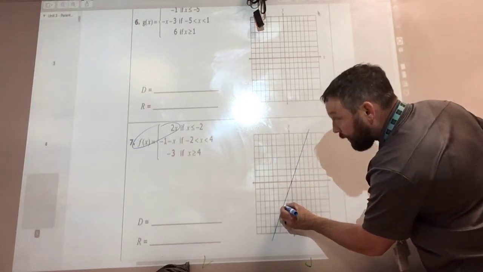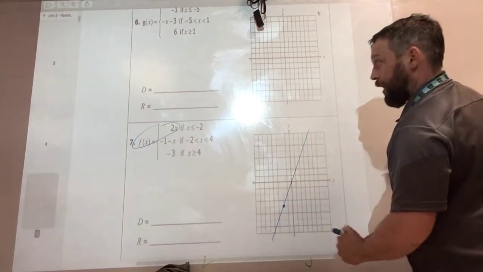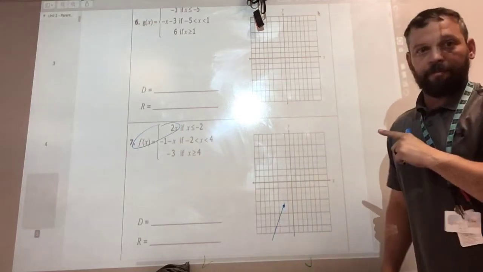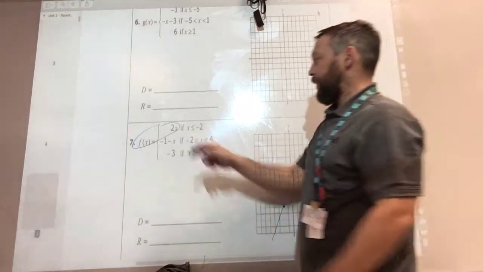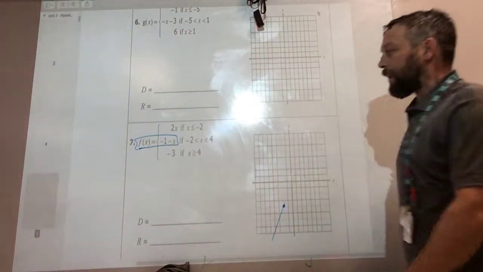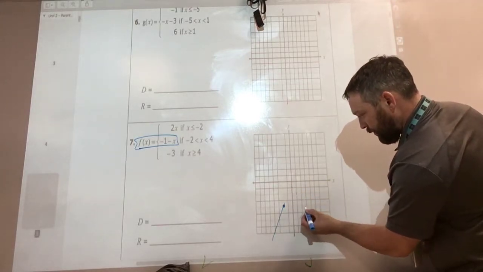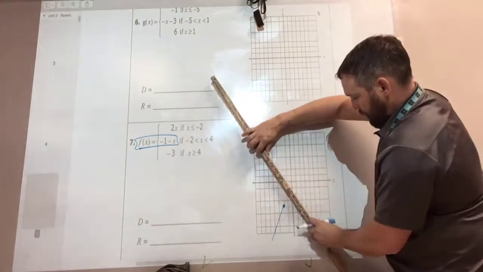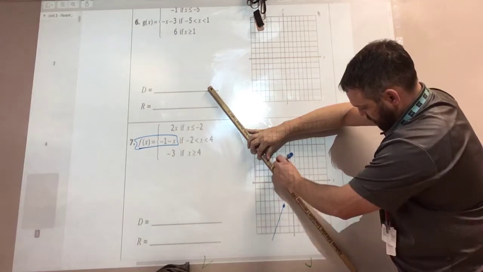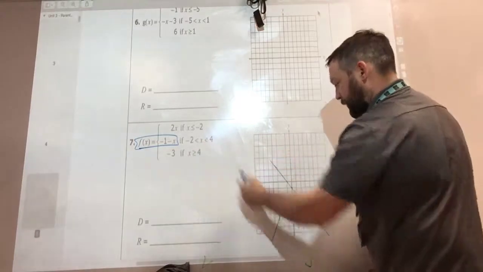So we're talking right here. So closed dot. I want to see everything from here back. So that means all of this is gone. Then the next one is negative x minus 1. So down here. Okay. So from negative 2 to 4.